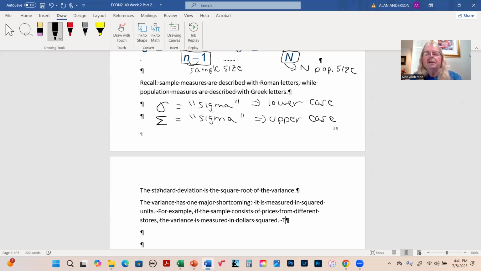So the standard deviation is the square root of the variance and is therefore measured in the same units as the data, which in this case would be dollars.